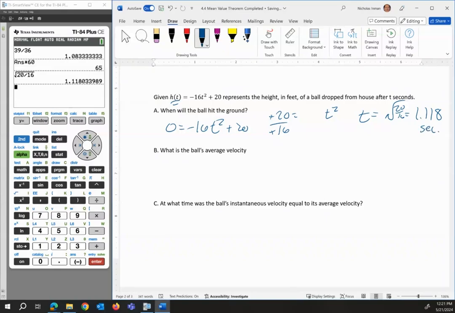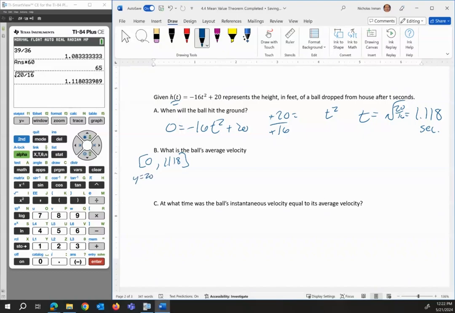All right, so let's find the ball's average velocity. We dropped it. It landed in 1.118 seconds. So let's find its average speed. We know the height at 0 seconds and then 1.118 seconds. That was the time the ball was in the air. Its height at 0, if I plug in 0, 0 squared would be 20.